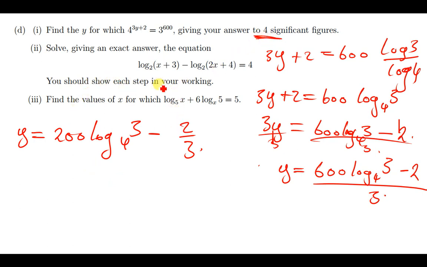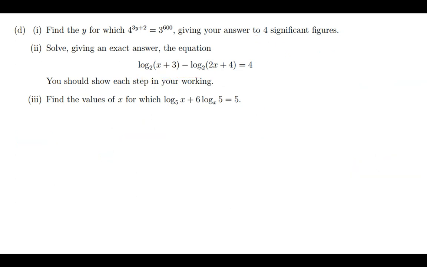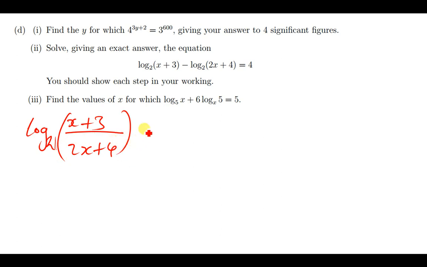Alright, so let's move on to this last question there. The question is saying solve, giving an exact answer, this equation. So we have two logarithms subtracting, means that we are dividing. So we have log of x plus 3 over 2x plus 4. Then they all have the base 2, so we can write the base 2 there is equal to 4.